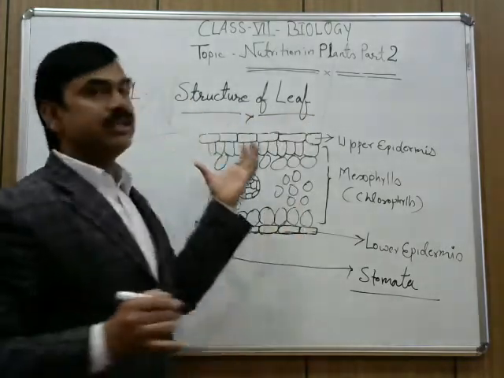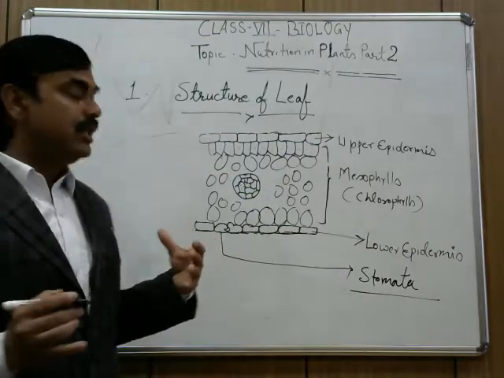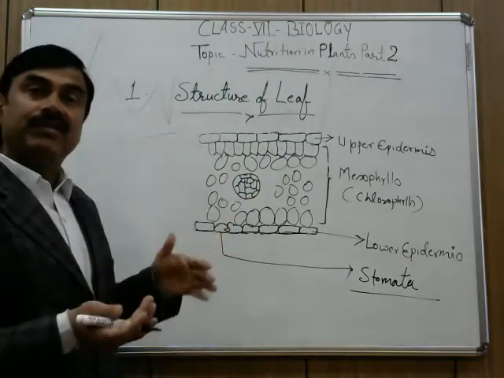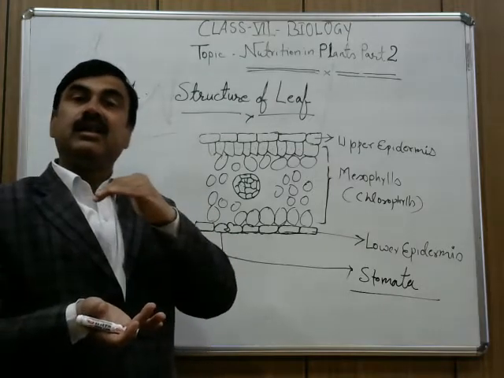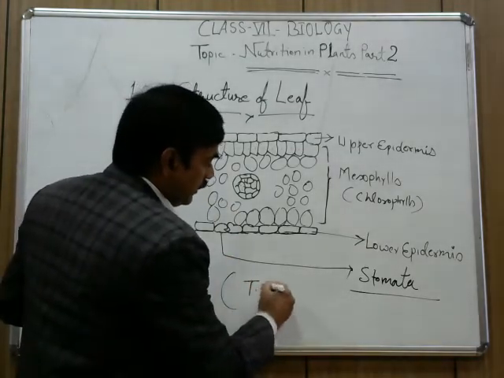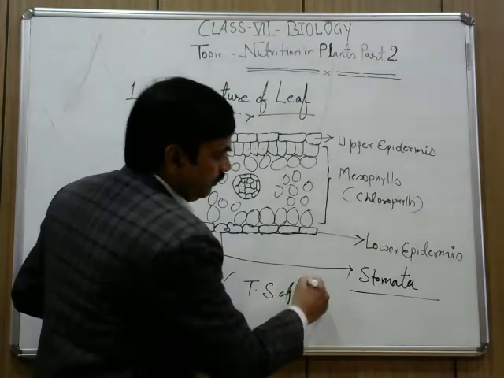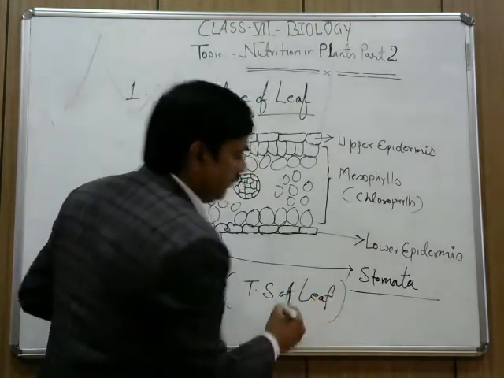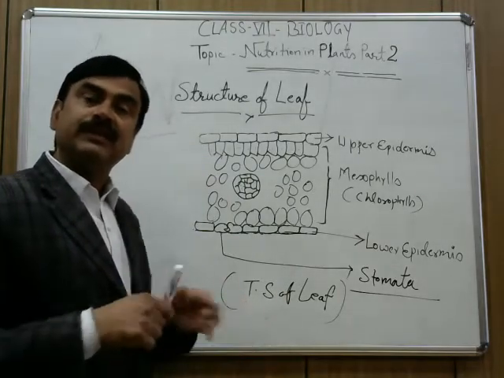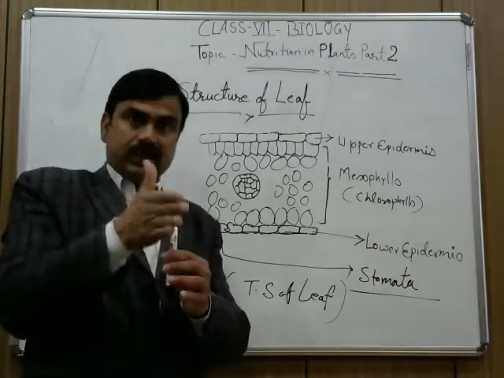So in this lecture, as far as the structure of leaf is concerned, you can write transverse section. When we dissect this leaf, you can write TS of leaf. T stands for transverse, not longitudinal.